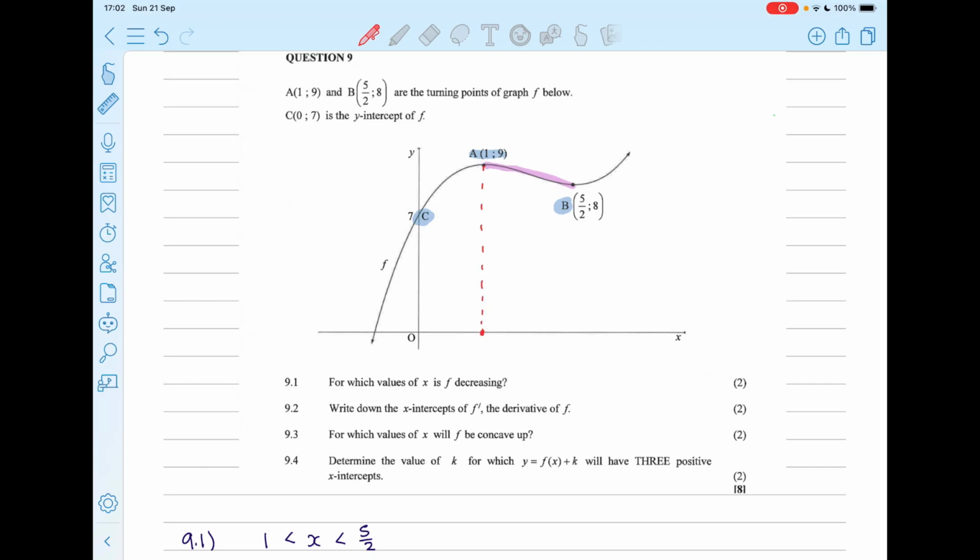So this will be one x-intercept, and that will be the other x-intercept. And because we have an increasing cubic function, that means that our quadratic function will also be increasing. And it might look something like that.